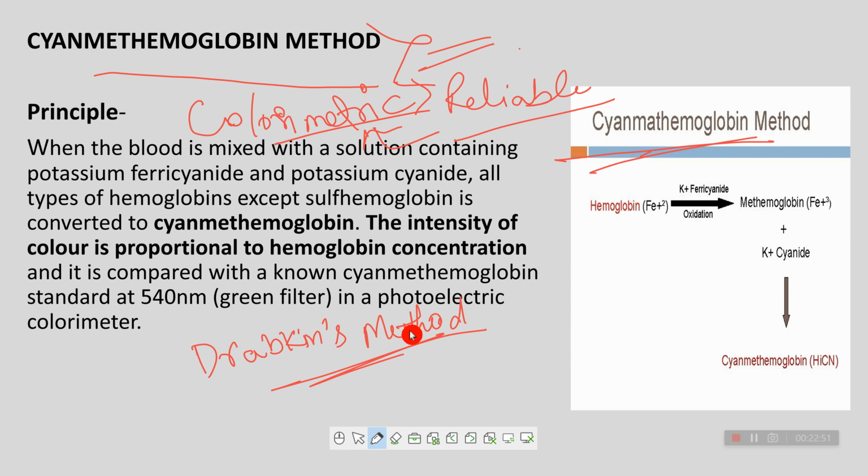It is known as Drabkin's method because it includes the determination of hemoglobin by the reagent called Drabkin's reagent.